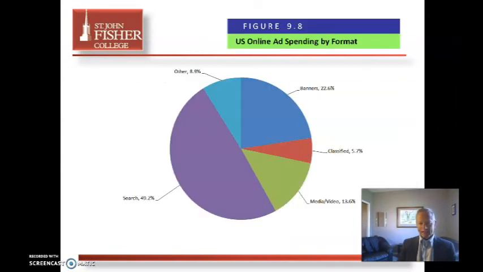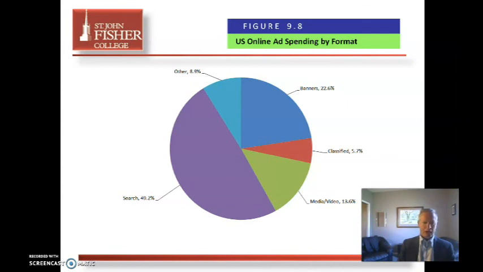Online spending by format: really the bell cow here is SEO, or search engine optimization. Wow, that was a tough one for me to say. That is the most of online spending. Banner ads are number two. Media and videos on banner ads are number three.